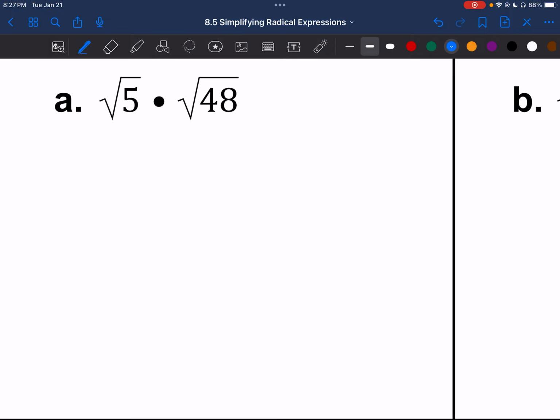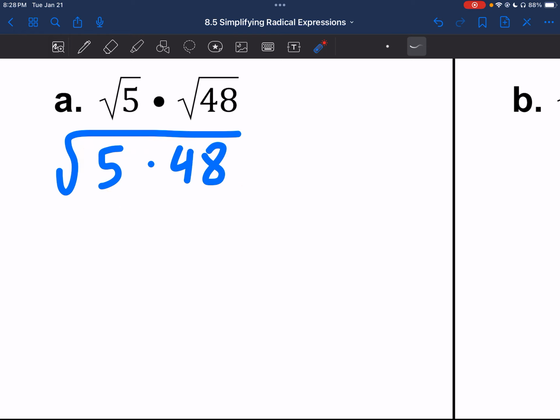I could do 5 times 48, and it's going to get me what? 5 times 48 is going to get me 240. Well, I already did my first step of a factor tree by figuring out that 5 times 48 is 240. Like I've got that first level, right?